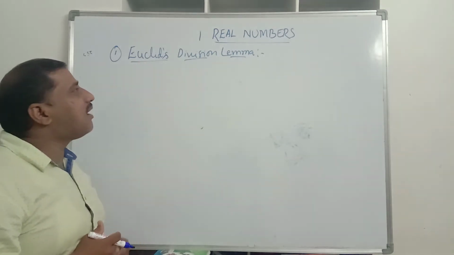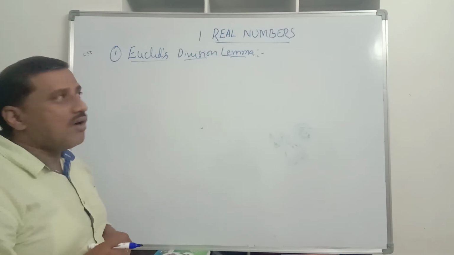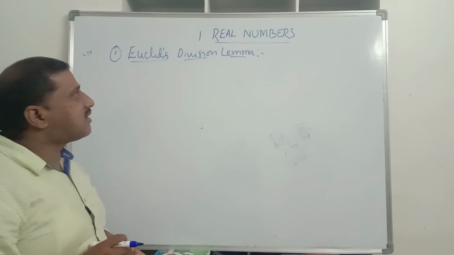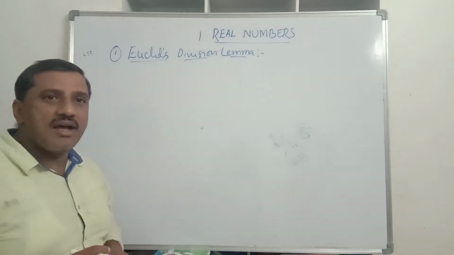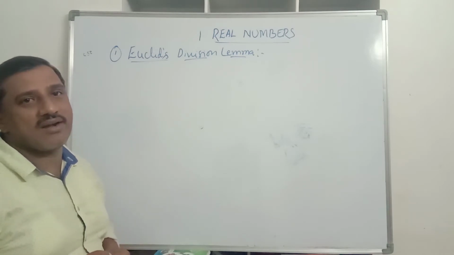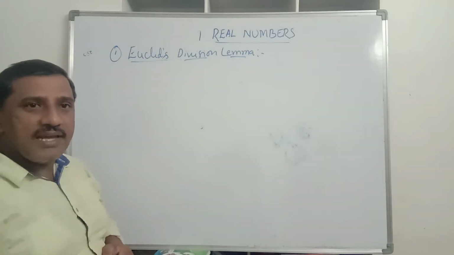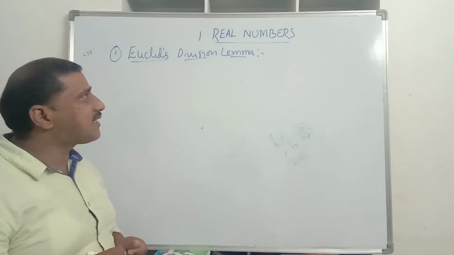Euclid is a famous mathematician, known as a great mathematician, and he gave one statement for this Euclid's division lemma, which we use to find the HCF, highest common factor, of numbers, and also to study the properties of numbers. We will discuss properties of numbers in detail.